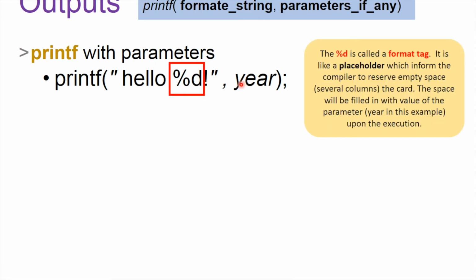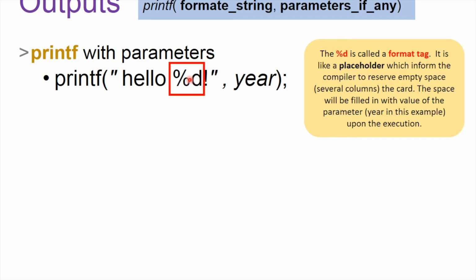The way to use it is we have to use a format tag like this, %d, which will be replaced at runtime with the value of the year. Previously, the value of the year is 2021, so it will output hello 2021 there. This is how to use them.